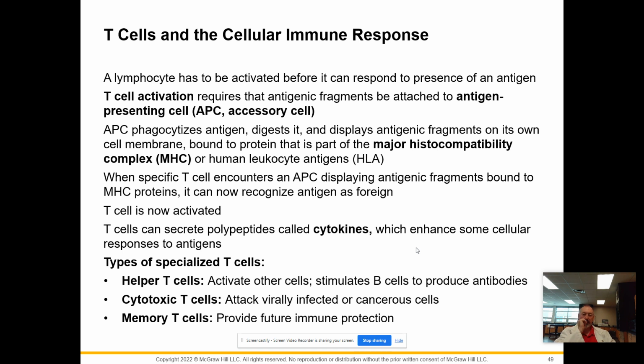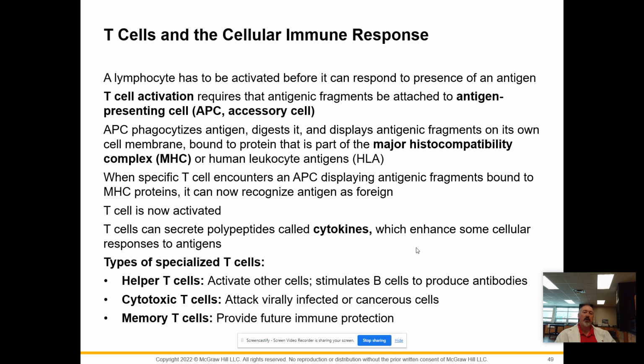HIV, we'll talk about it a little bit later. It's going to target helper T cells, and since helper T cells can't respond because they're essentially muted, the B cells are never really turned on. So you can't have a whole area of our adaptive immunity go.